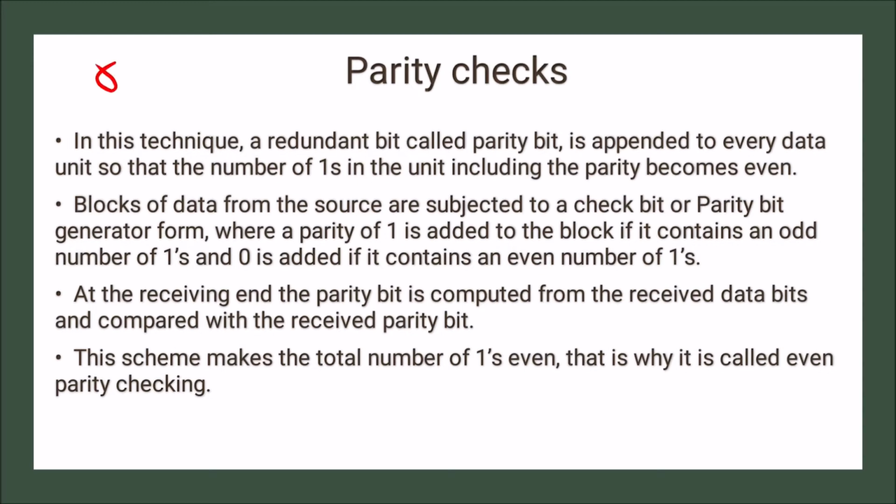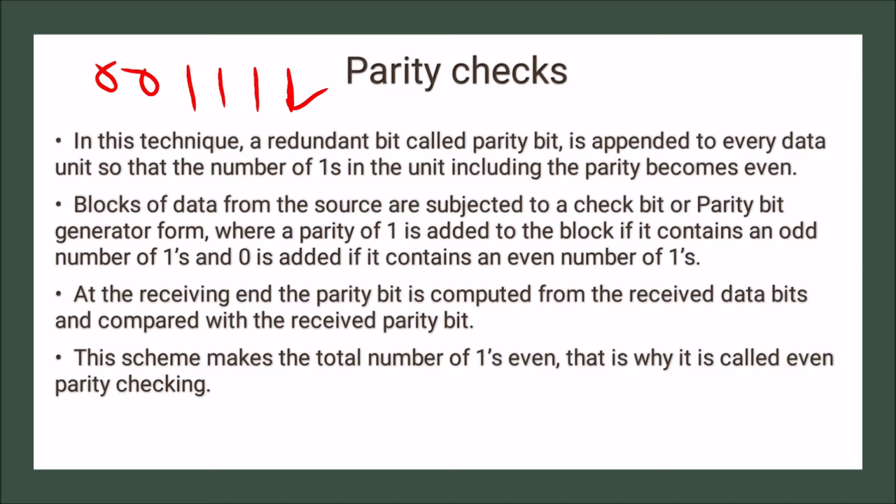For example, the data is 00111. Now we add 1 such that the number of ones becomes even. So I add one parity bit 1 so that the number of ones, including the parity, becomes even.